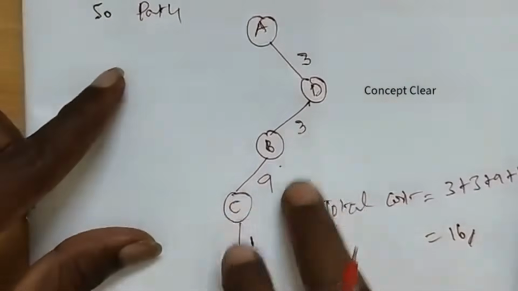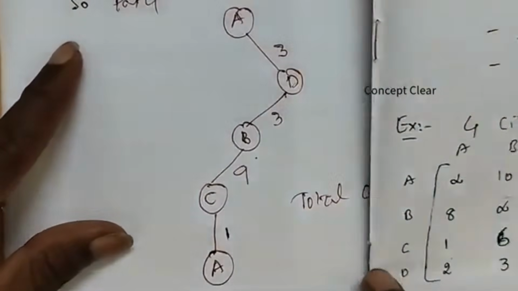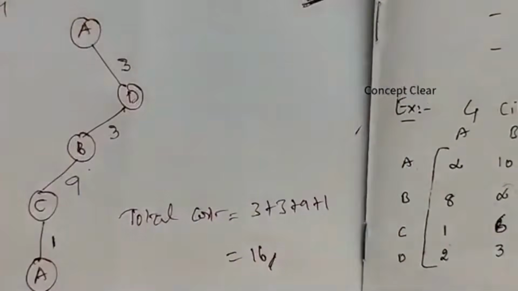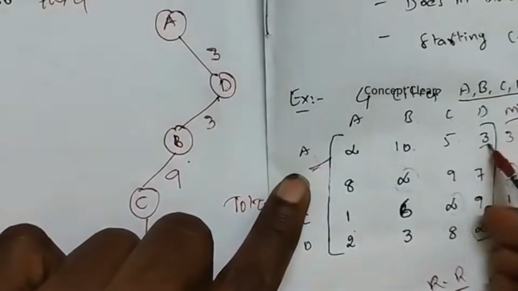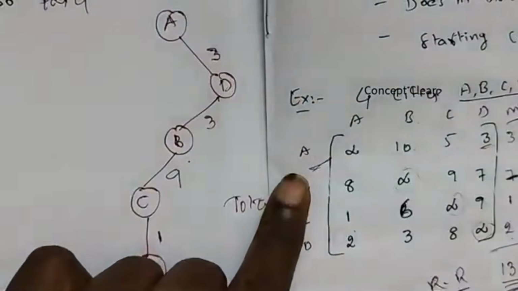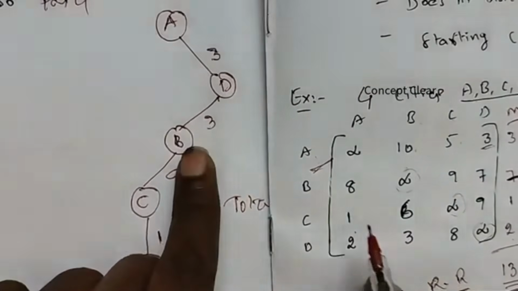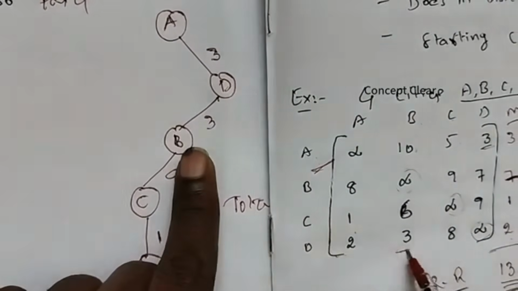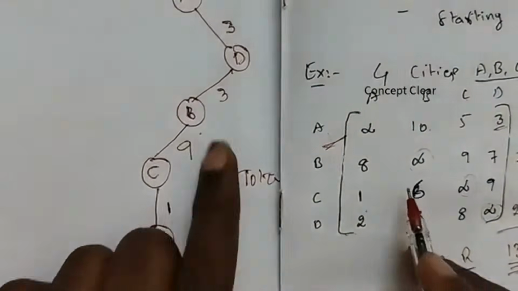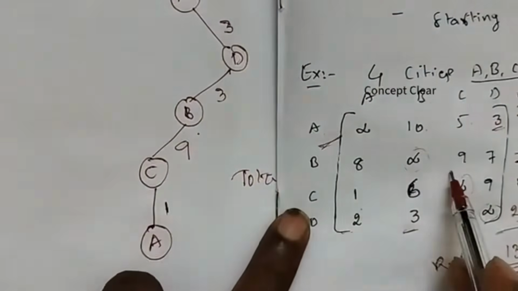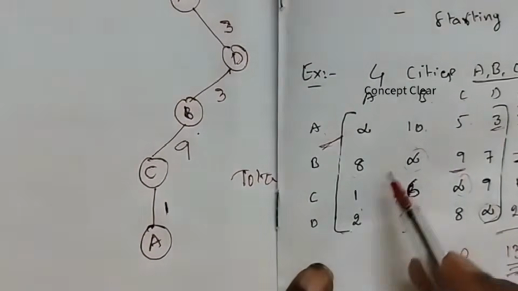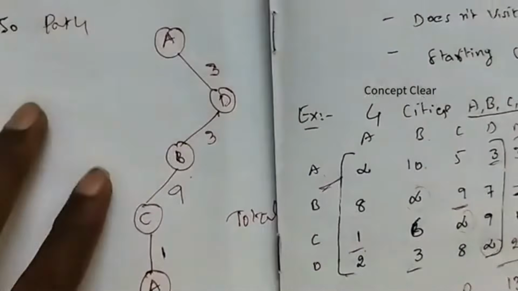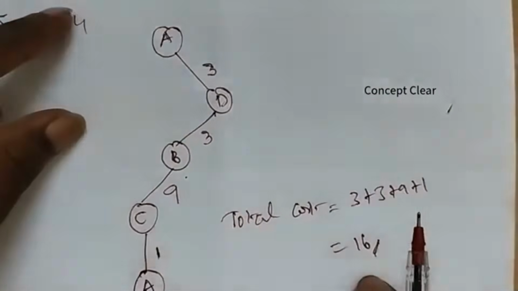Here, how we are writing these values means the input values. See the input values here. A to D value is 3. And D to B value is 3. And B to C value is 9. And C to A value is 1. So according to this, we take these values. The total cost is 16.